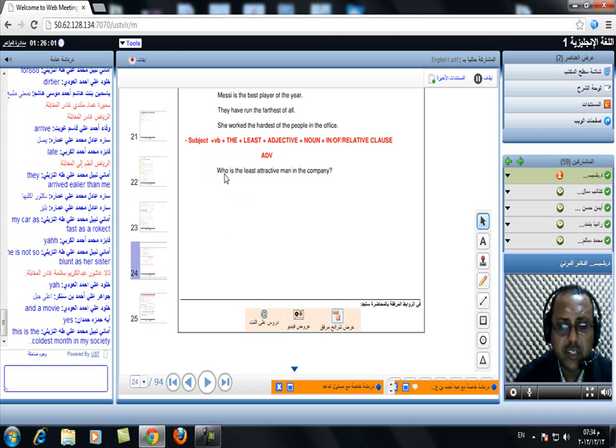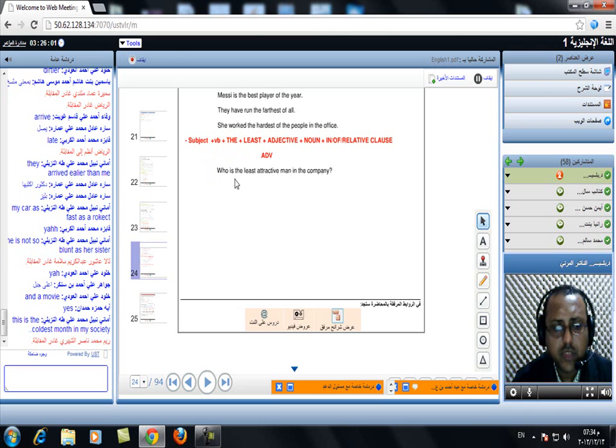Interrogative pronoun, it comes in the place of a subject, then a verb to be, and then the word the. Least is also used here. After that an adjective is written, attractive, and then a noun, the word in, a preposition, the word the, and then a place.